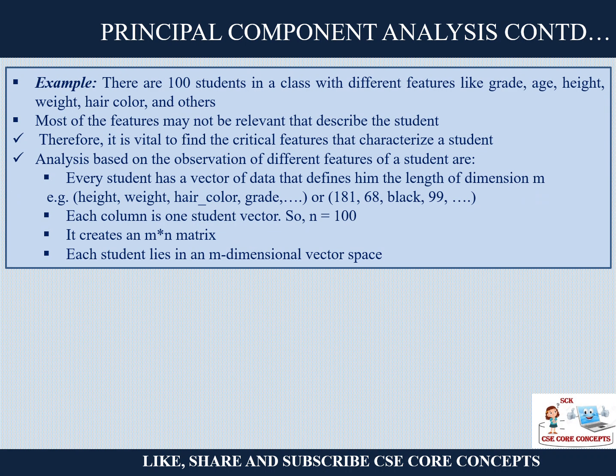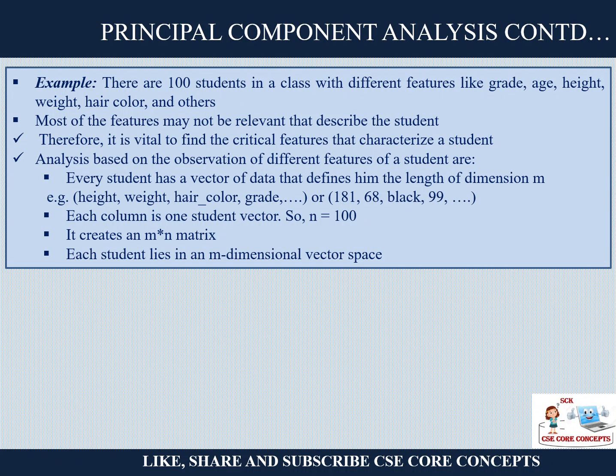So let us see, for example, there are 100 students in a class and you have different features. Every student has their own grade, their age is different, like they may vary by some months or a year, the height is different, the weight is different, the hair color is different, and other features like the eye color, the leg size, so many features.